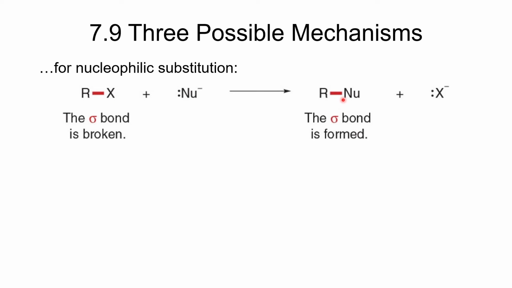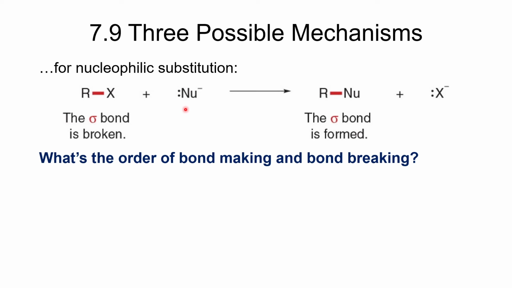And the three possibilities are that we break and make the bond at the same time. The other possibility is that we break a bond first and make a bond in the second step. And then the other possibility is that we make a bond and then we break a bond. So the order of bond breaking is what makes the three possible mechanisms likely here.